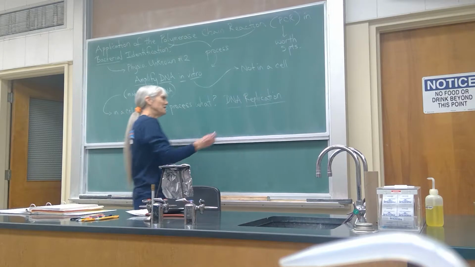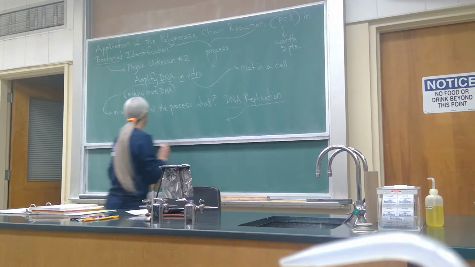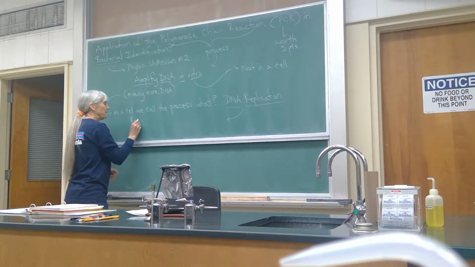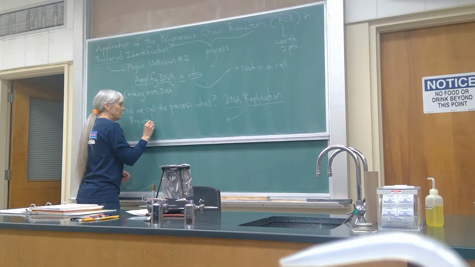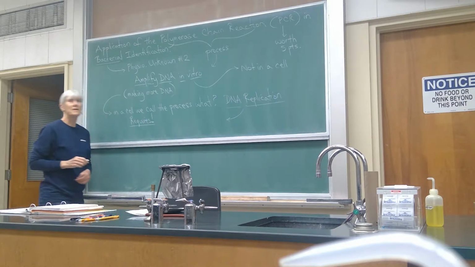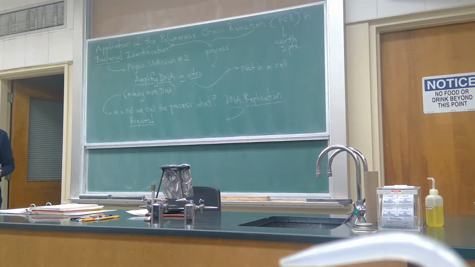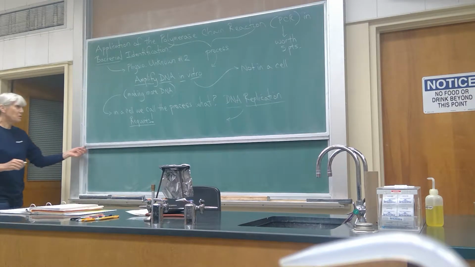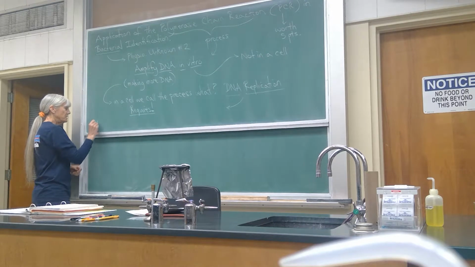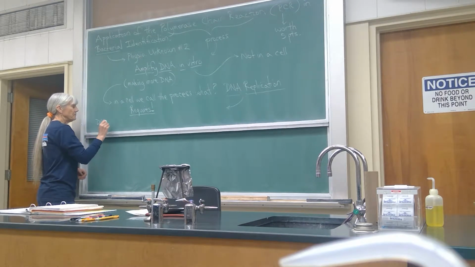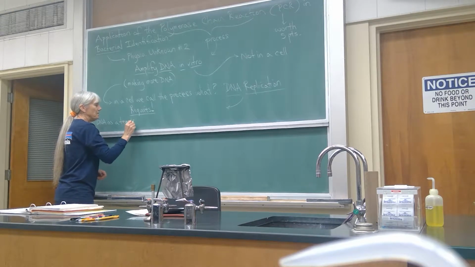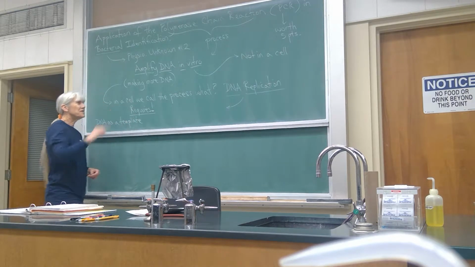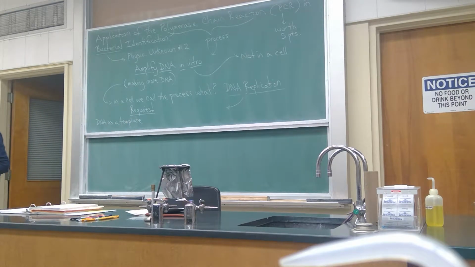So DNA replication, and it requires three things, which I went over and over, because transcription requires the same three things. What's required? DNA. DNA is a template. Because DNA replication is semi-conservative.